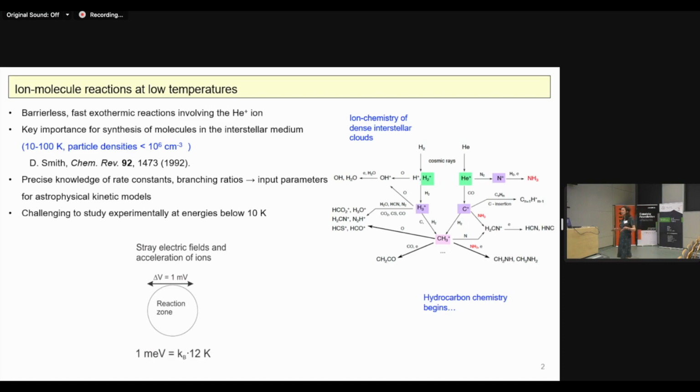Experimentally, it's quite challenging to study reactions between ions and molecules at energies below 10 Kelvin. So why is this so? Well, in your experiment, it's very easy to have a small potential difference. And even a potential difference of only 1 millivolt would lead to a heating of your ion to about 12 Kelvin.